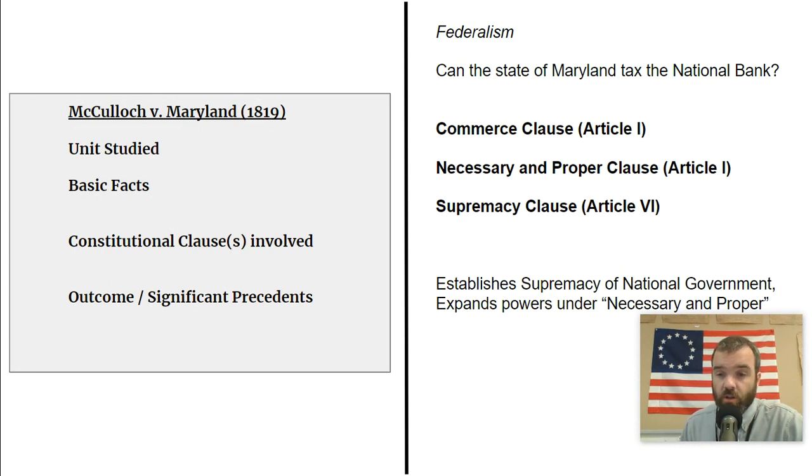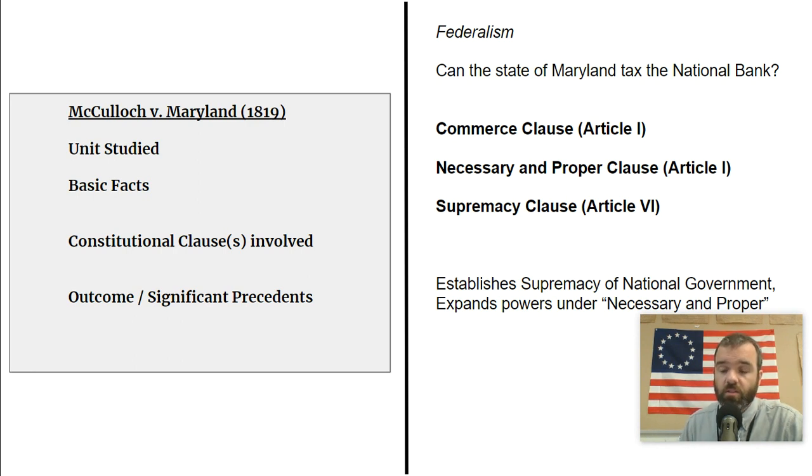The Necessary and Proper Clause is the last part of Article 1, Section 8, which says that Congress can pass any law that it deems necessary and proper to carry out its foregoing powers. There's also the use of the Supremacy Clause. If Maryland is able to tax a national bank, then according to John Marshall in his opinion, this would effectively give them the power to destroy the national bank.